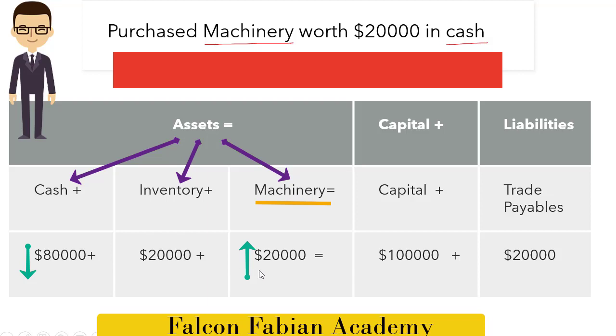So the total of this side is 120,000, and that is equal to capital, which is 100,000, and your trade payables. Again, your left hand side is 120,000 and your right hand side is 120,000. Therefore, your left hand side is equal to your right hand side.